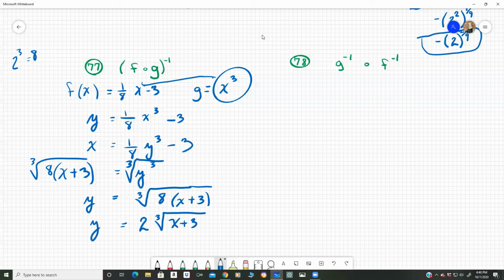And then lastly, number 78, we're going to be dealing with the inverse of g of f. So let's think, what is the inverse of our g function? You remember it is the third root of x.